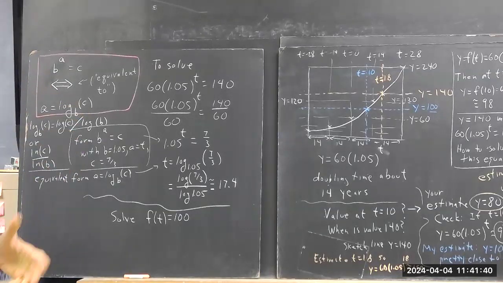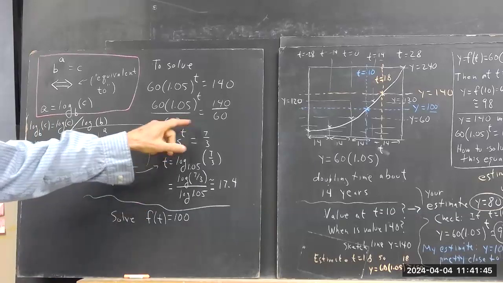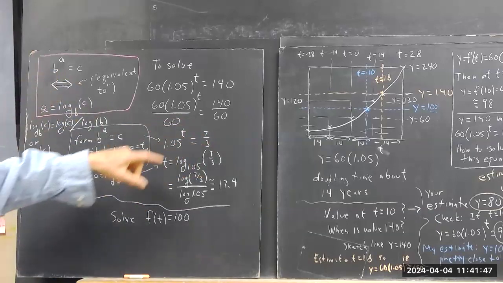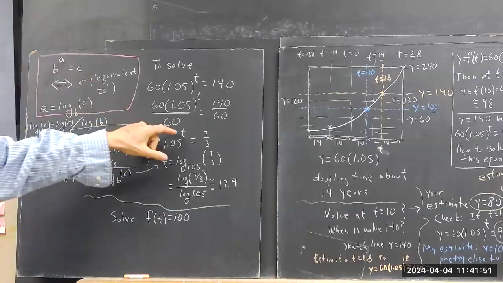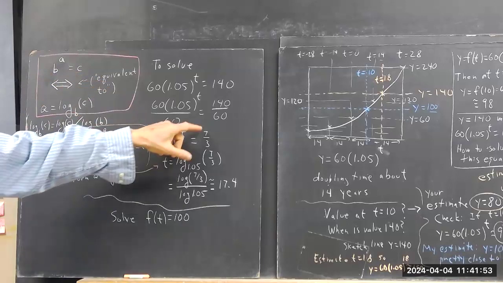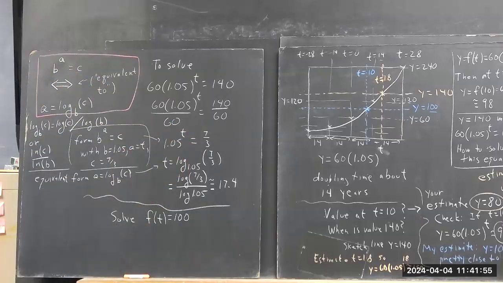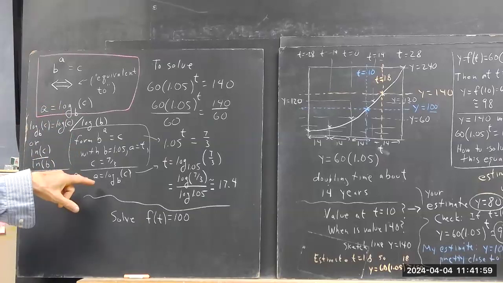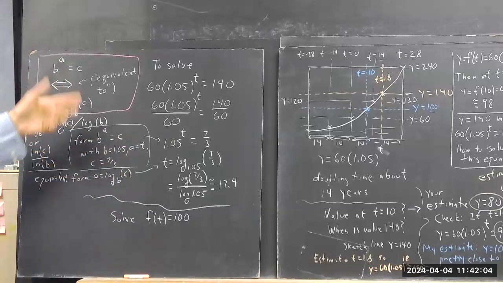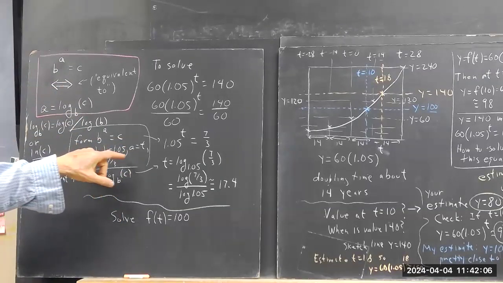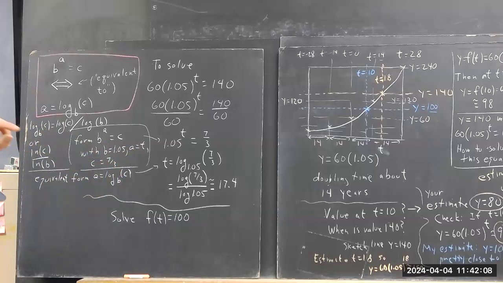Okay. Now, using that, everybody did quite well. Everybody identified, okay, this is in this form with B equal to 1.05, A equal to t, and C equal to 7/3. So the equivalent form is A equals log base B of C. Again, everybody identified quickly that B was 1.05, A is t, C is 7/3.